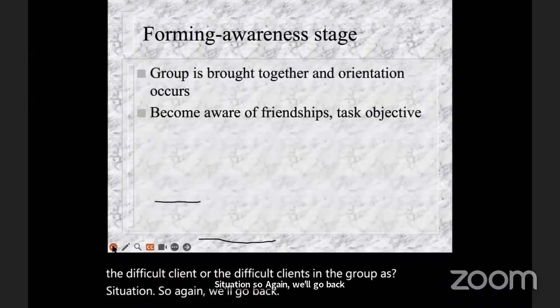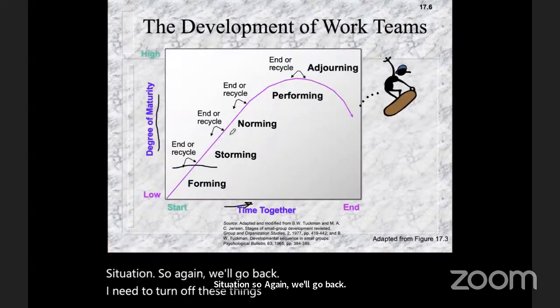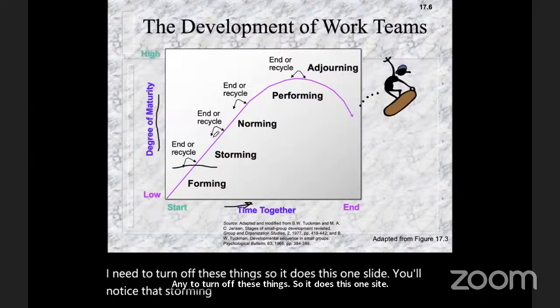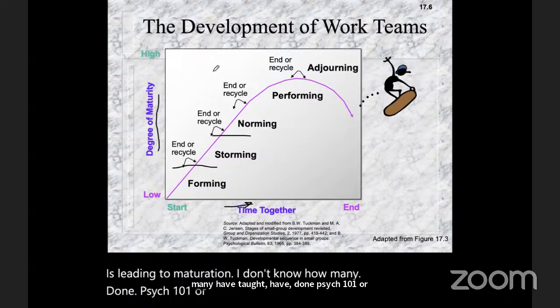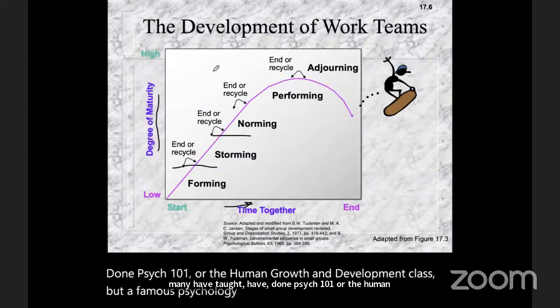You'll notice that storming, though, is leading to maturation. I don't know how many have done Psych 101 or the Human Growth and Development class, but a famous psychologist, Jean Piaget, says that we grow through conflict.